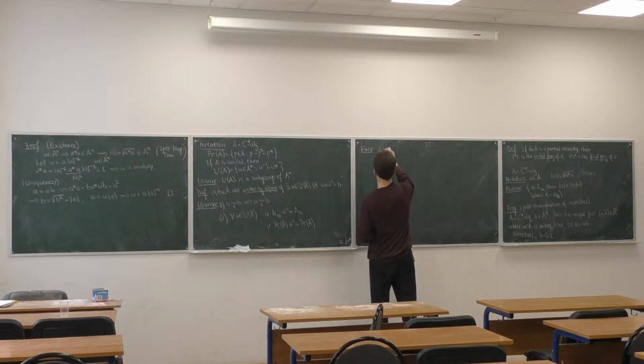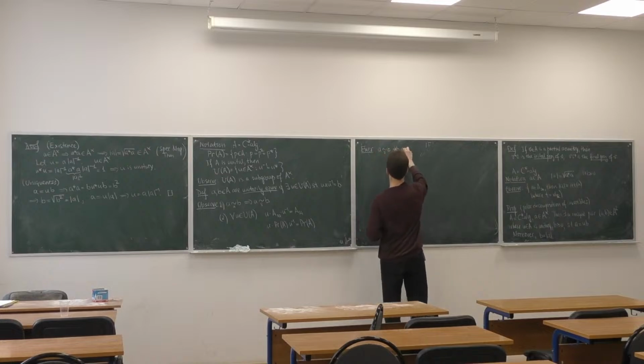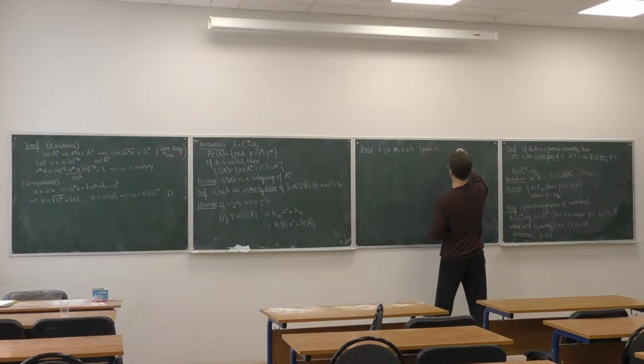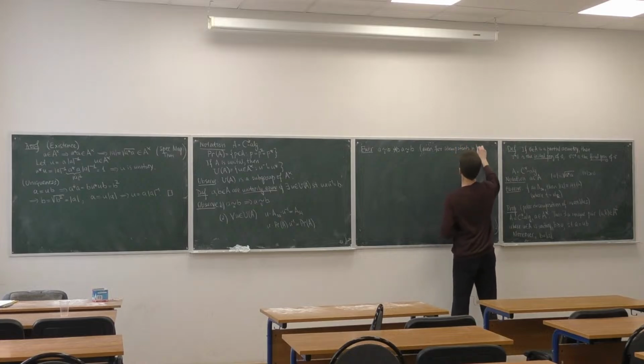If A and B are similar, then this doesn't imply that they are unitarily equivalent, even in the case where we deal with idempotents in the algebra of 2x2 complex matrices.